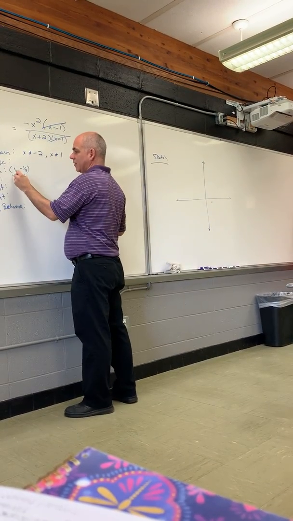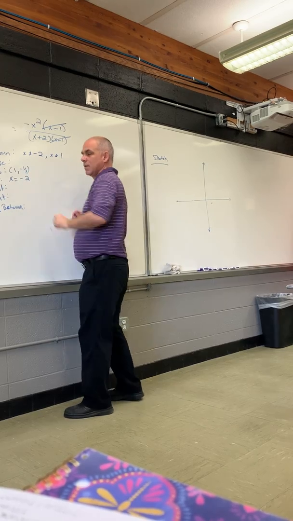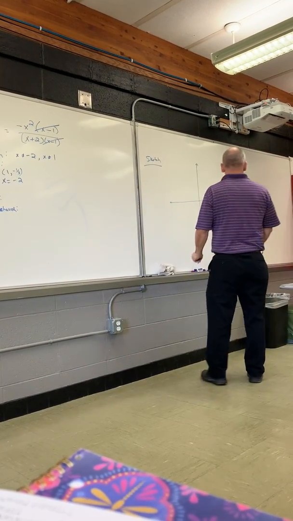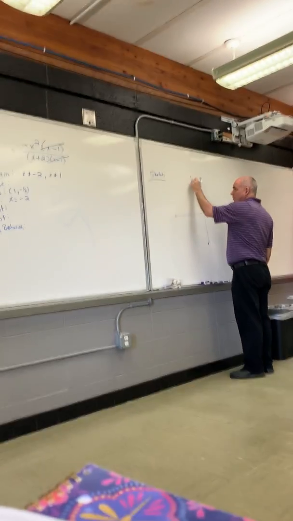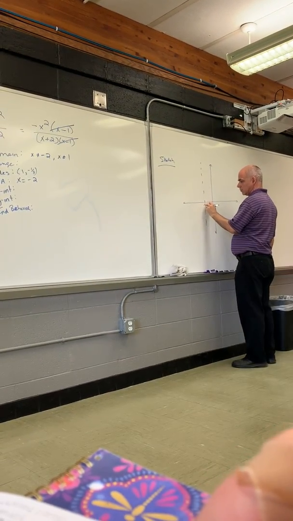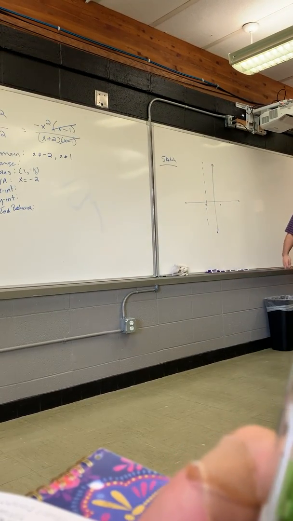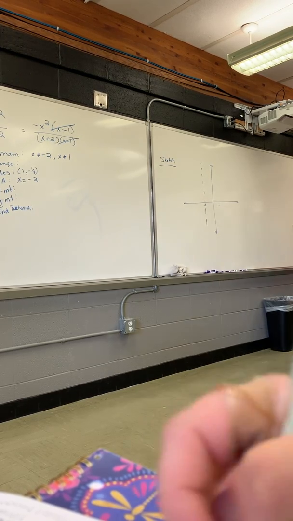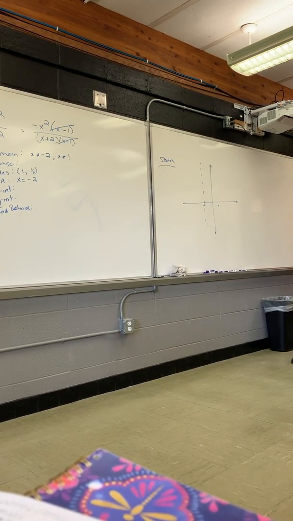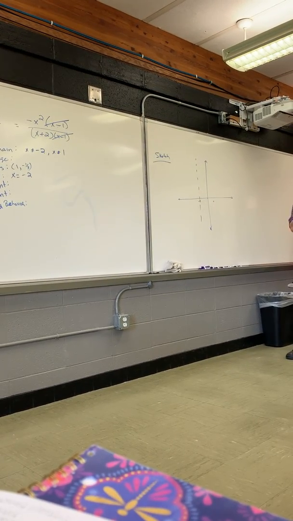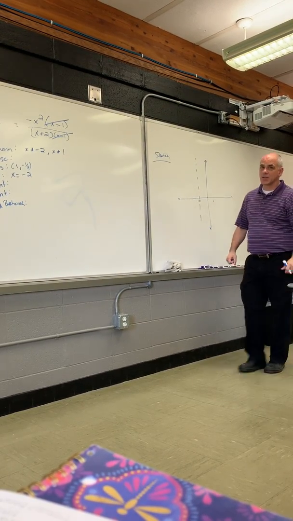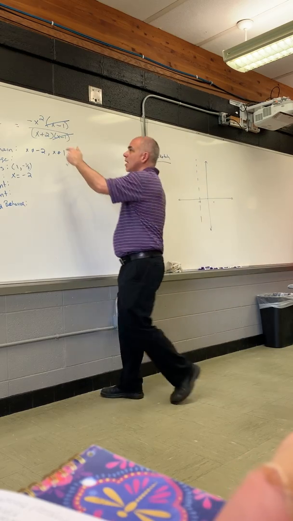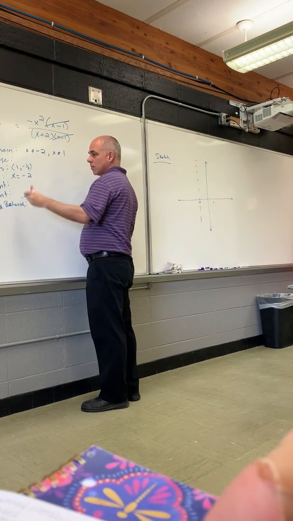The other one then, the vertical asymptote. Over here at -2, I have a vertical asymptote. My x-intercepts happen when the top is 0.